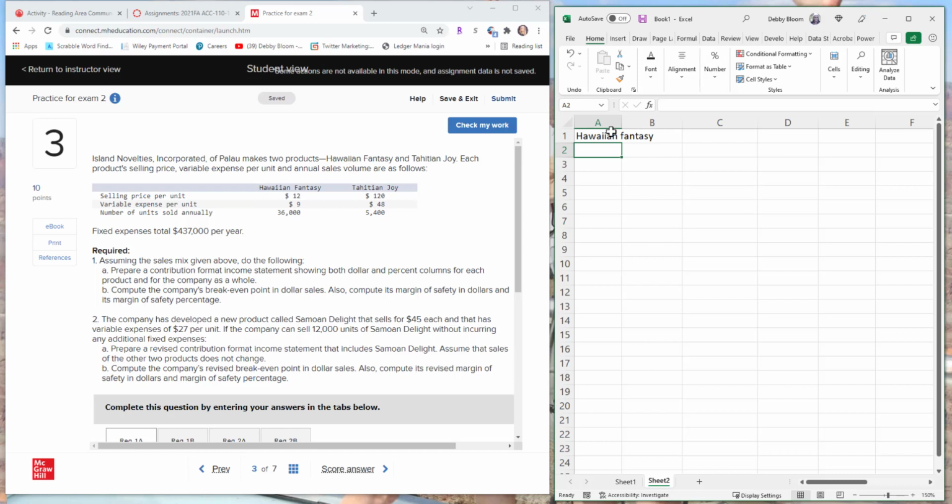So for Hawaiian Fantasy, our revenue is going to be calculated as 36,000 multiplied by 12. And our variable expenses are going to be calculated as 36,000 times 9.